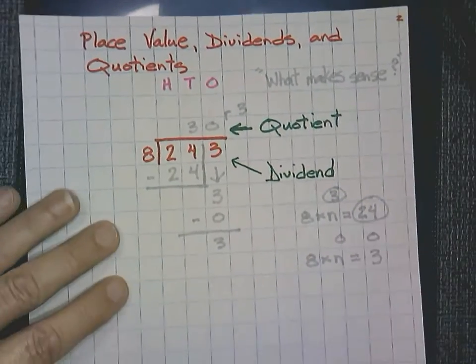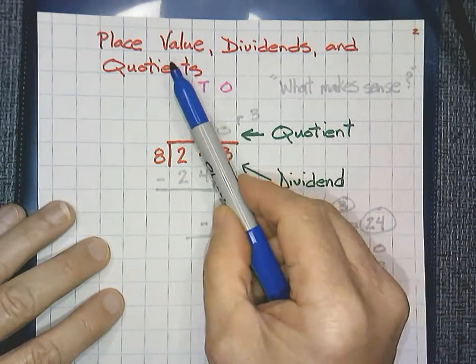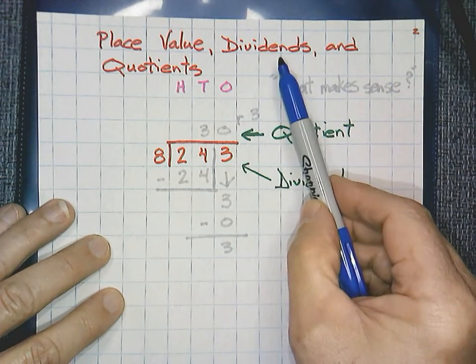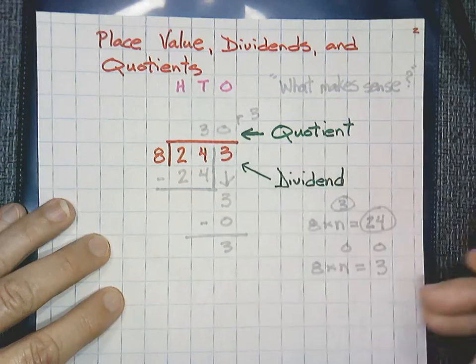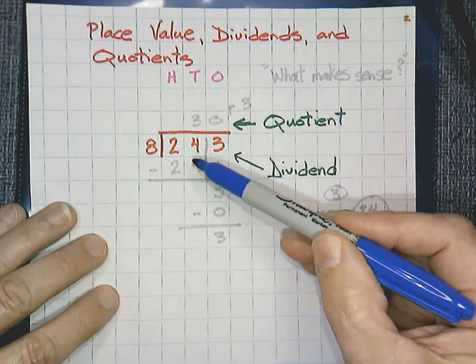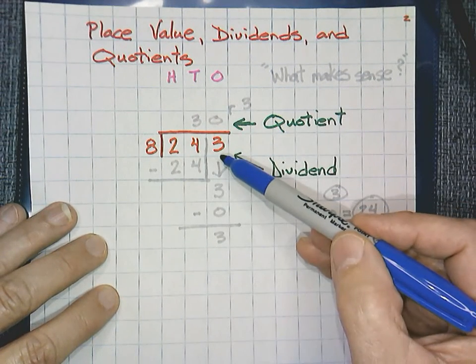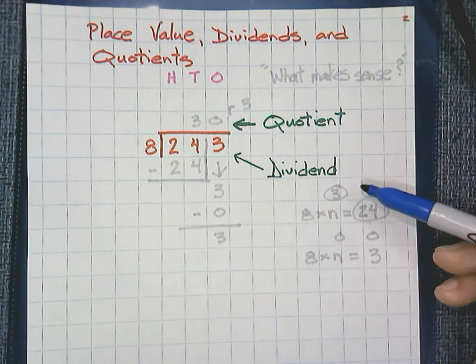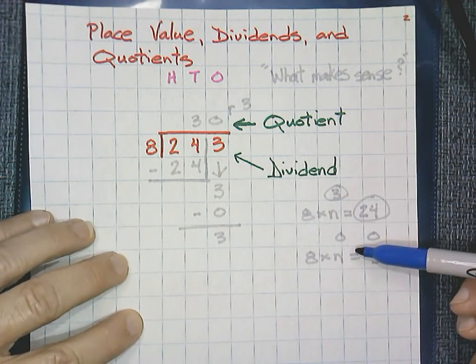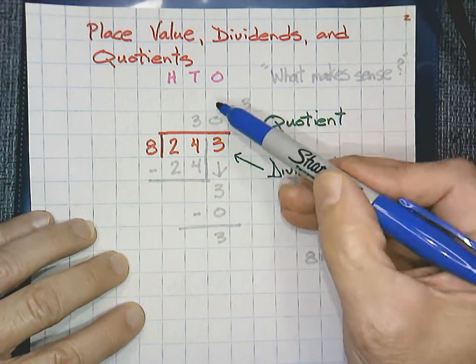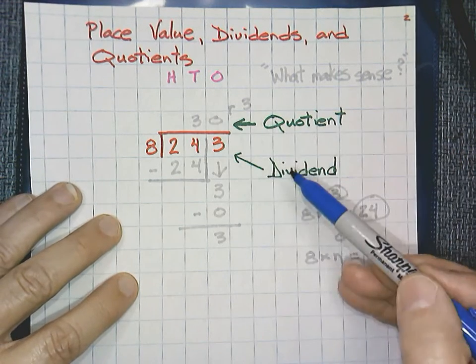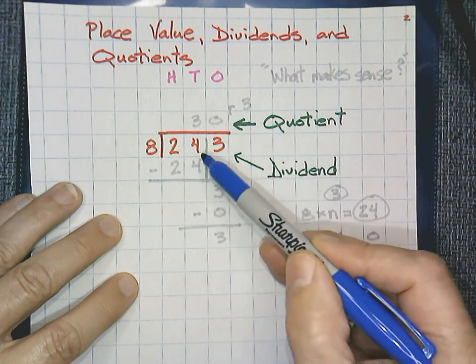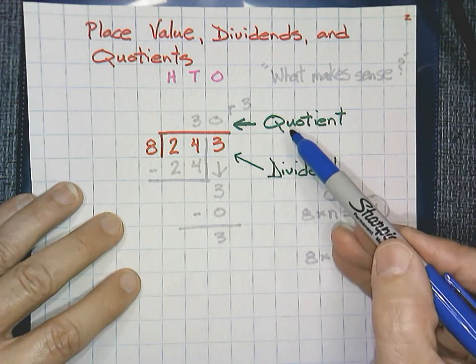The problem we just talked about really has a lot to do with place value, dividends, and quotients. And let me show you what I mean. I just rewrote the problem, 243 divided by 8, and I showed my steps down here with the gray marker. Place value is important for your dividend, which is 243, but also for your quotient.